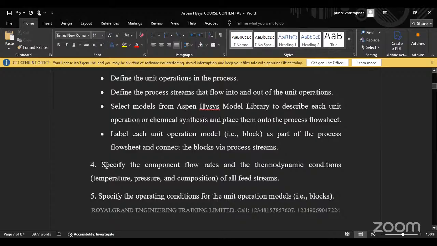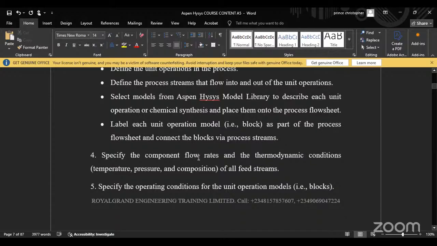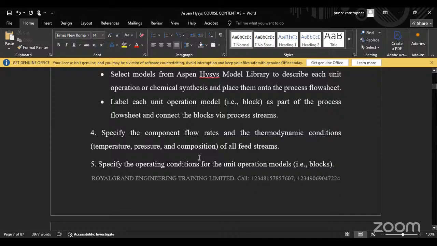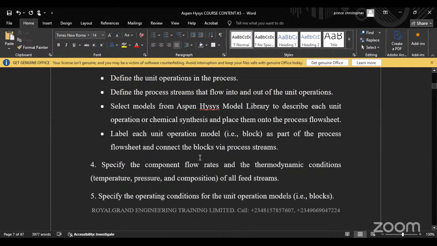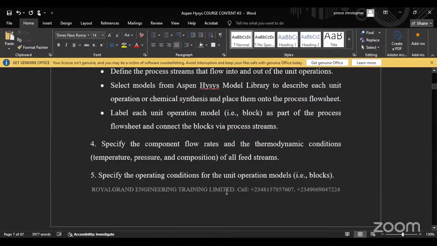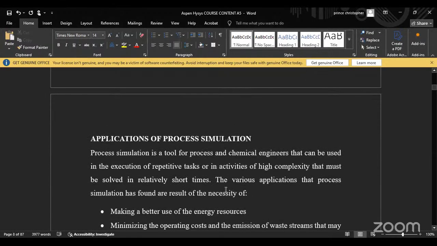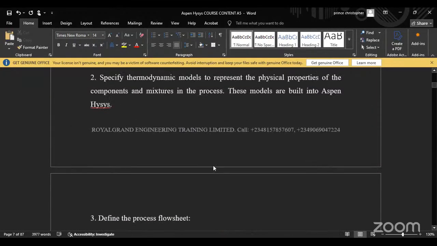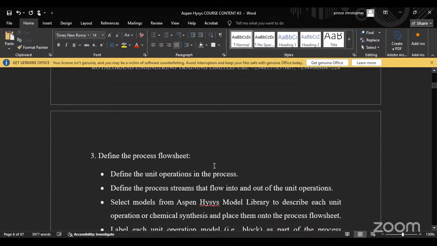We'll specify the component flow rates and thermodynamic conditions. We also specify the operating conditions for the unit operations. These are the basic steps we use in carrying out any simulation we want to do in Aspen Hysys.